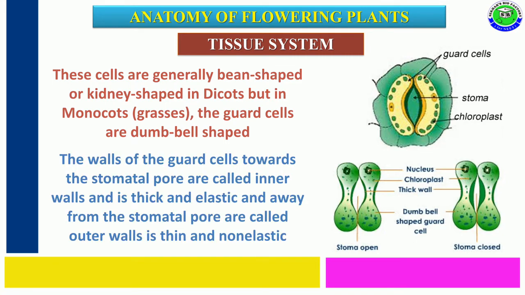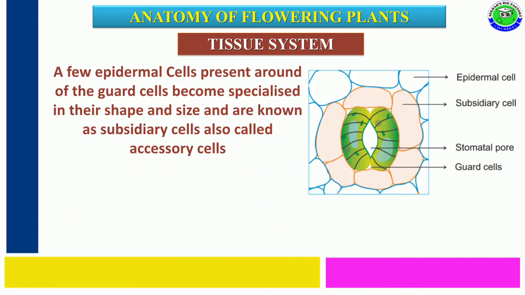The very important characteristic feature of the guard cell is that the cell wall of the guard cells which is present towards the pore is called the inner cell wall. It is very thick and elastic in nature. But the remaining cell wall present around the guard cells is thin and non-elastic in nature.